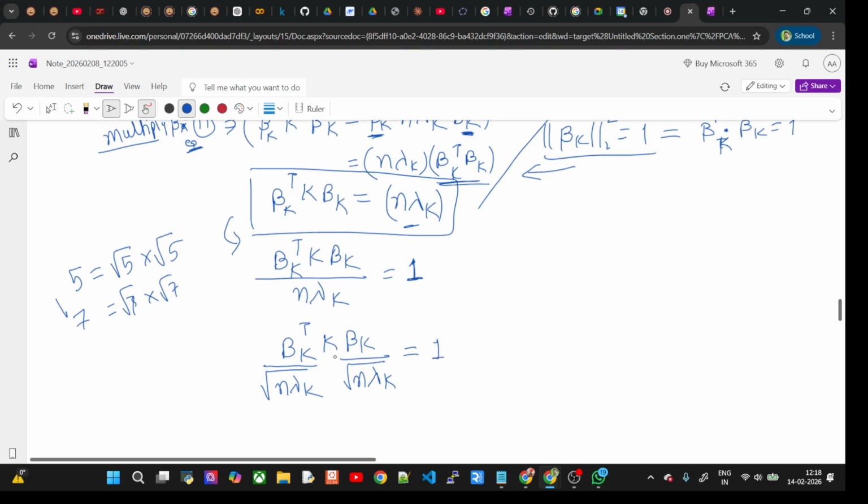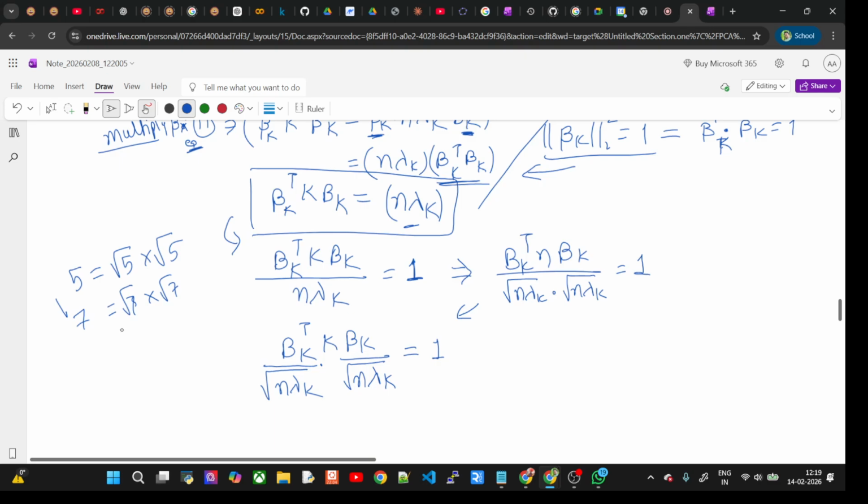Instead of doing this, I am simply dividing by under root of n lambda k. I can write here: beta k transpose K into beta k divided by under root of n lambda k into under root of n lambda k equal to 1.